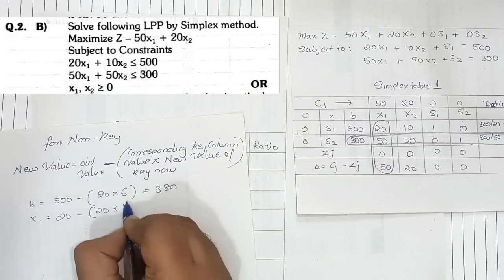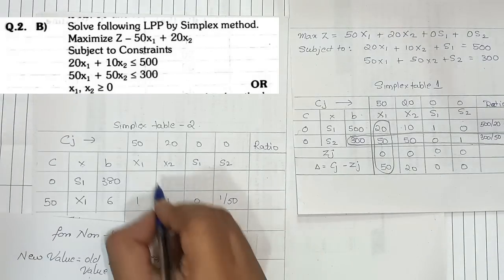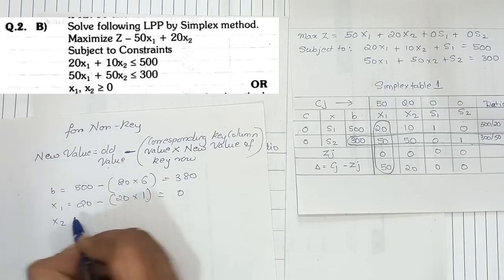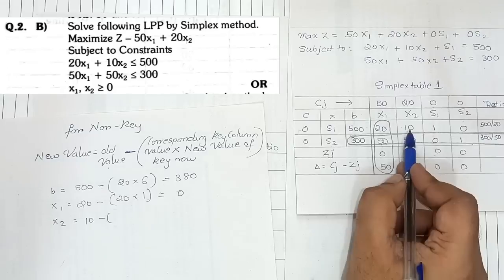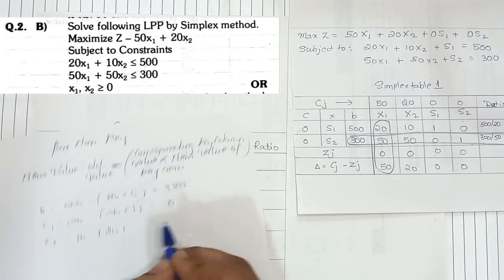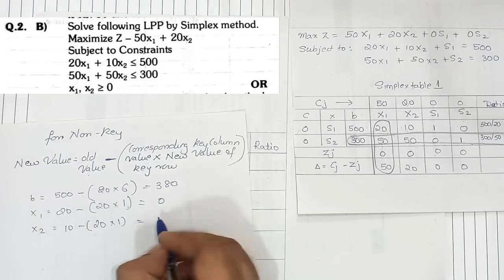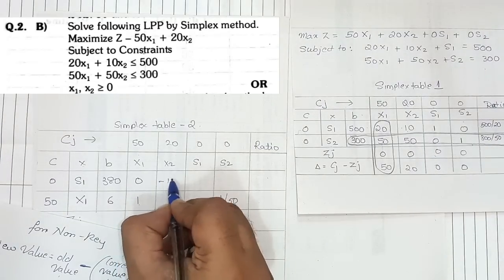So 20 into 1 is 20. 20 minus 20 is 0. So here x1's value will become 0. Same way for x2, old value was 10 minus corresponding key value 20 into the new value 1. So 10 minus 20 is negative 10. So I'll write here negative 10.